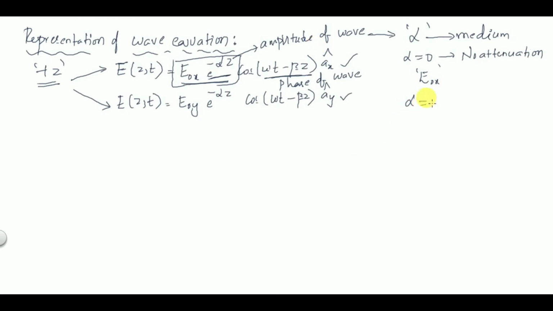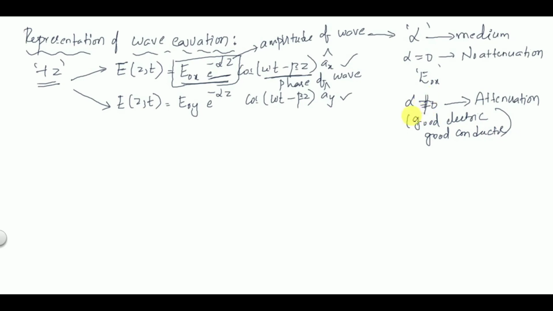When alpha is not equal to 0, then there will be attenuation. There will be some attenuation for mediums like a good dielectric or a good conductor, so for such mediums alpha is not equal to 0.